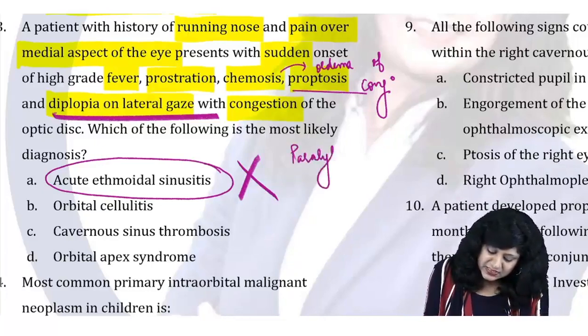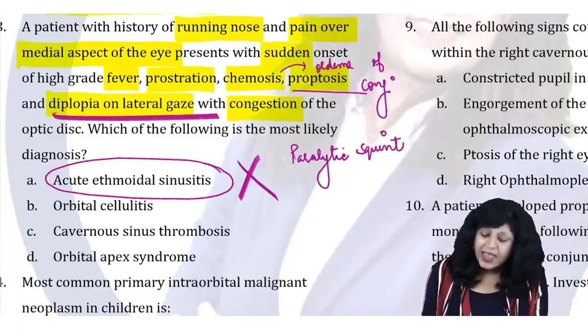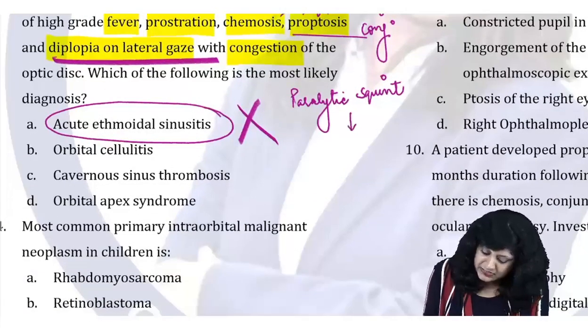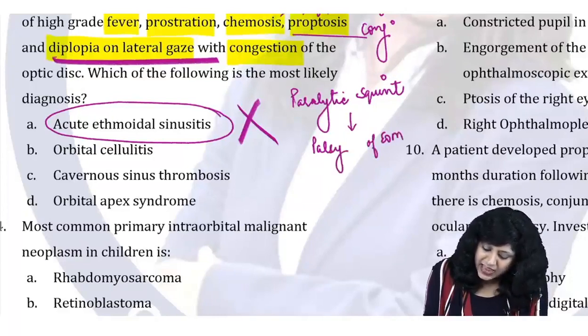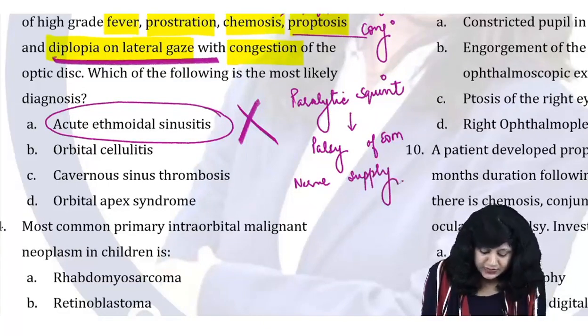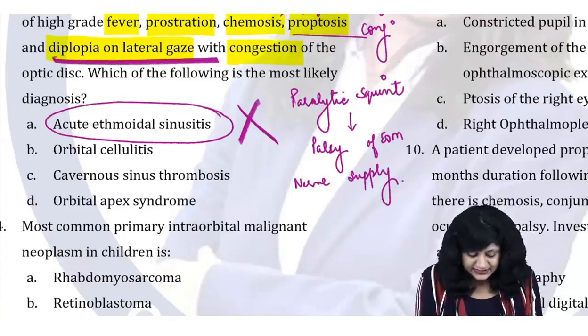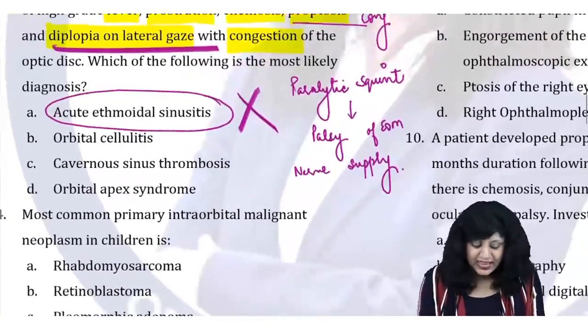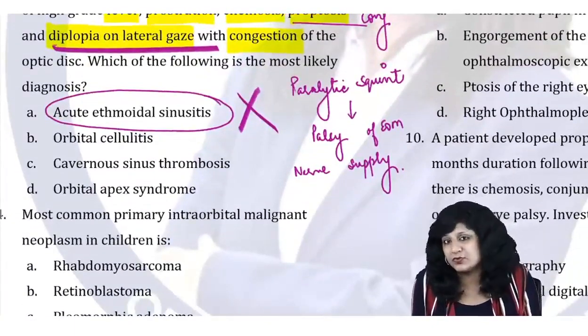So this means there is something which has caused the paralytic squint, and paralytic squint means that there is a palsy of the extraocular muscles and most commonly its nerve supply. So what can be the cause of this? Orbital cellulitis, cavernous sinus thrombosis and orbital apex syndrome.